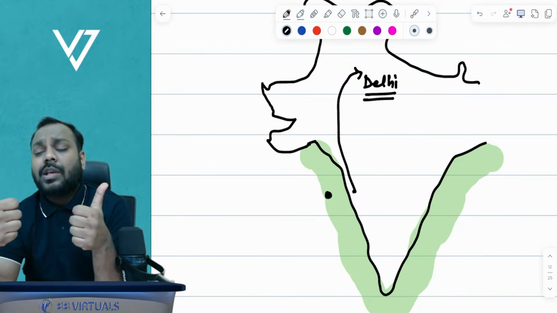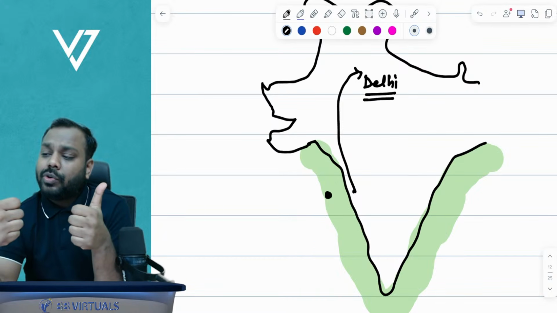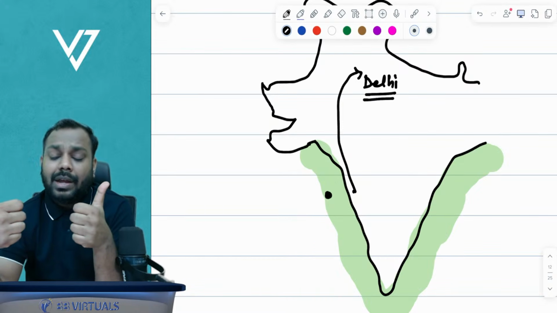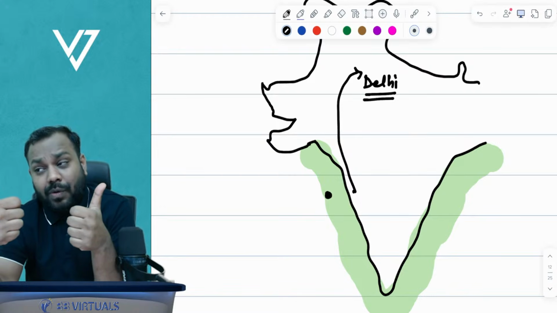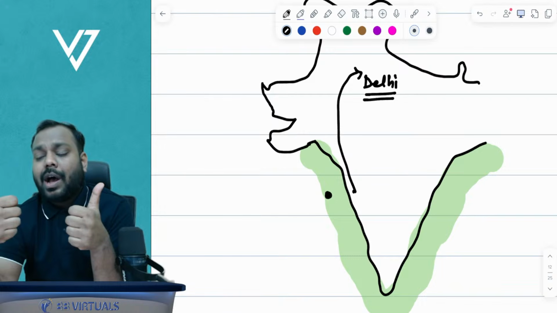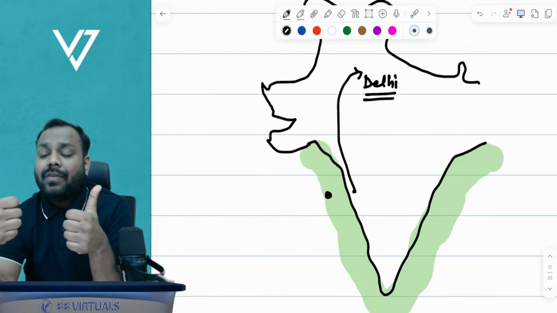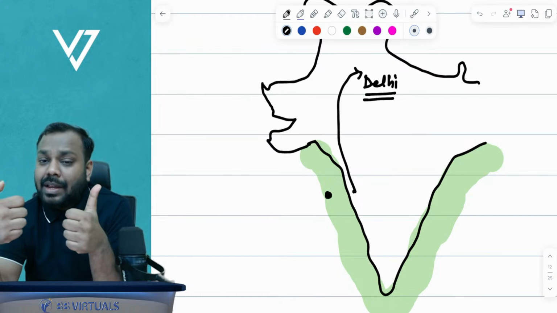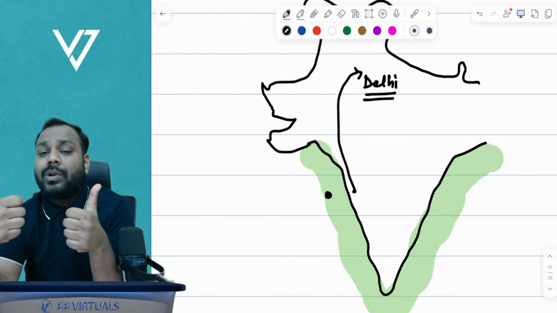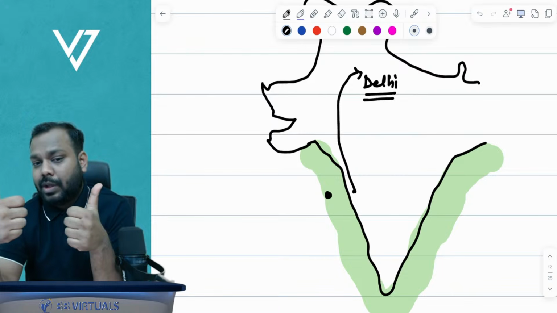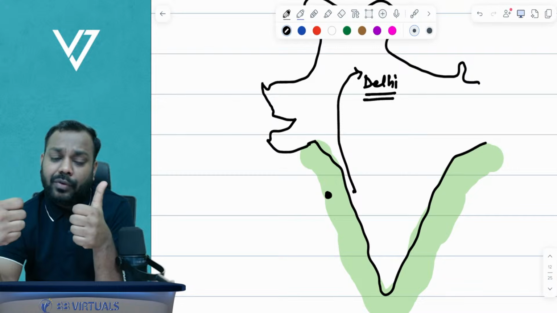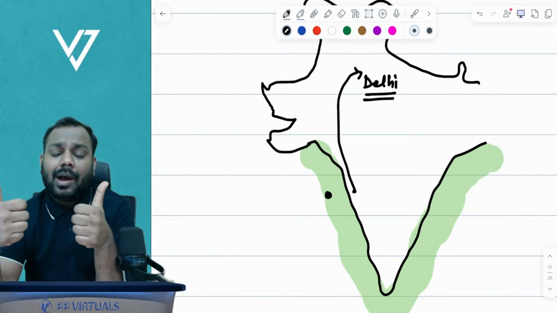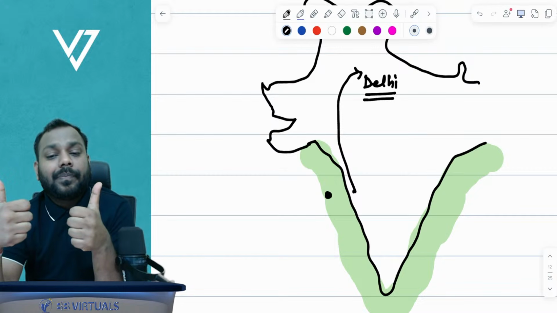But let me assure you, at the time when I remove this oil rig from this place, I will restore this place, and only then leave. Modi ji says, okay, if you are making a promise, then I will give you approval.